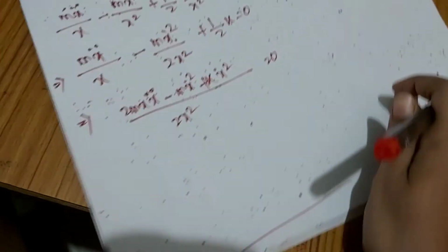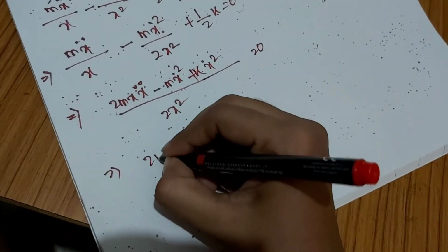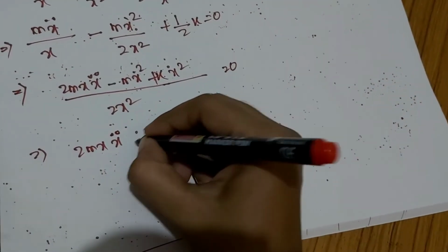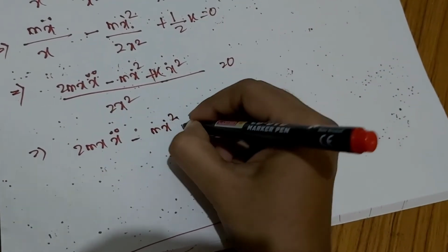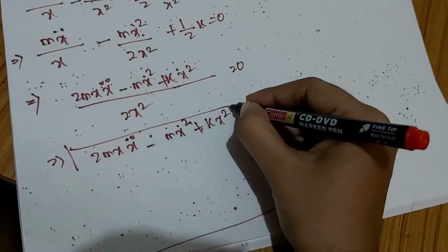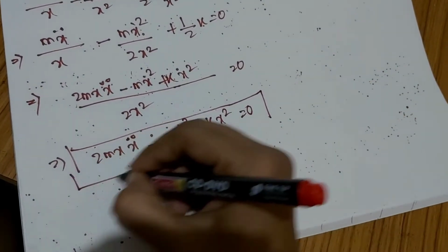So this will become 2m x ẍ minus m ẋ² plus k x² equal to 0. So this is my answer.